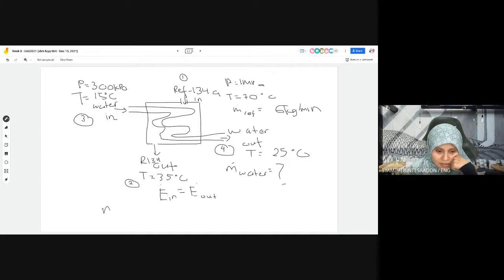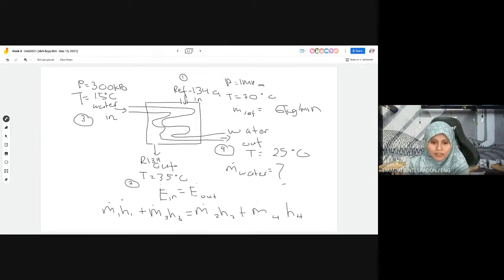So we have M1H1 plus inlet M3H3 equals M2H2 plus M4H4 outlet too. Since we have 2 inlets and 2 outlets, that's why we have the energy balance this way. Inlet refrigerant and water equals outlet refrigerant and water.